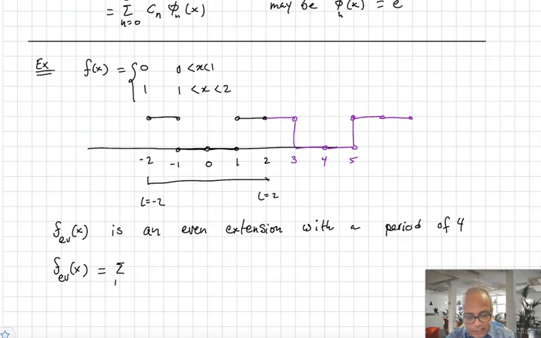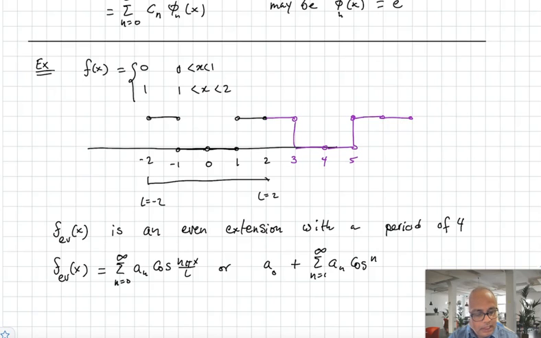So I'll go from n from 0 to infinity, a_n cos(n pi x over L). Or I will say, okay, a0 plus the sum over n from 1 to infinity of a_n cos(n pi x over L). So we don't try to memorize those formulas.